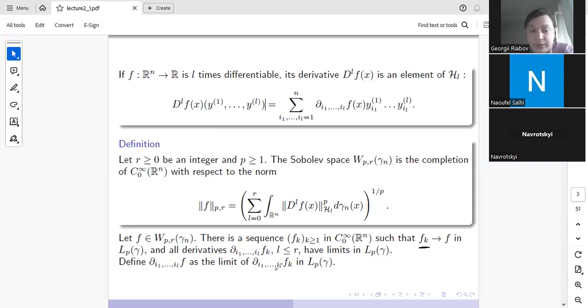And then we can define the partial derivative of f as the limit in LP of the corresponding partial derivatives of fk.